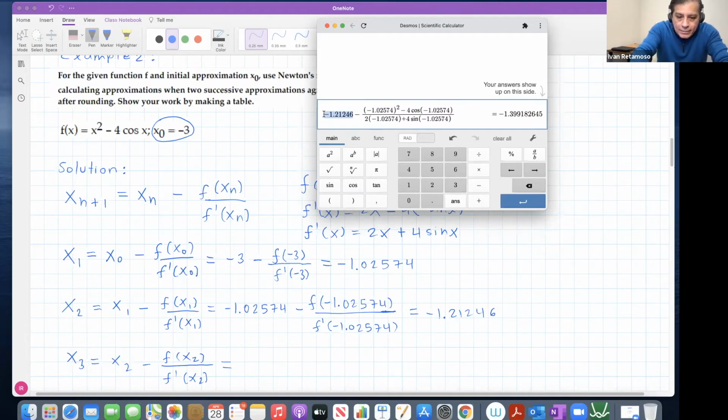Copy and paste, just do this carefully, or you can retype the whole thing. It doesn't matter really, but just to be efficient, I'm using copy and paste. It's the same formula. Yeah, great. Now I get this new value.